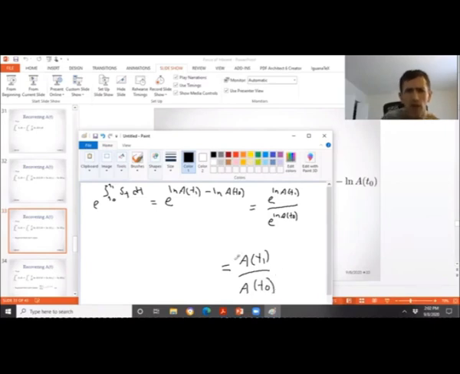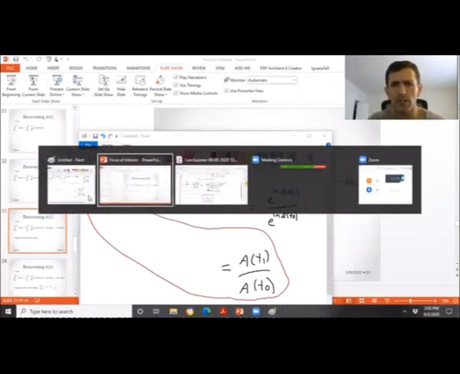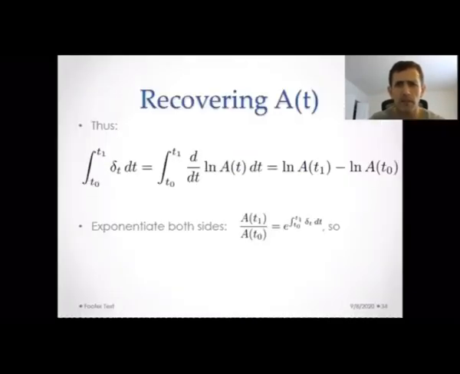All right, so we can take this here, and if we just multiply by a of t0, what I'm putting in a circle, we get exactly what we want. A of t1 is a of t0 times e to this integral.